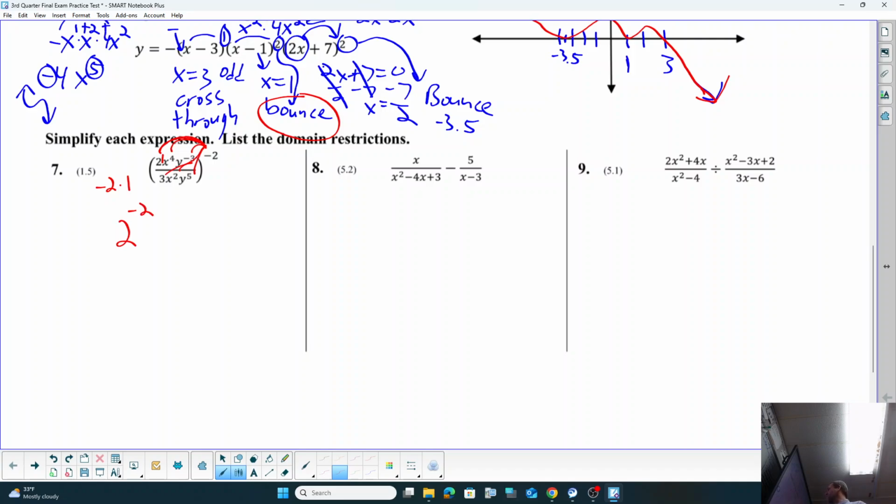So 2 to the negative 2. 4 times negative 2 is x to the negative 8. Y to the negative 3 times negative 2 is positive 6. All over 3 times negative 2, x to the negative 4, and y to the negative 10.